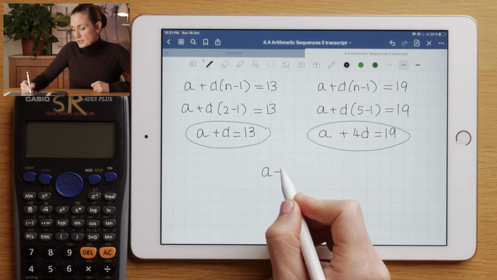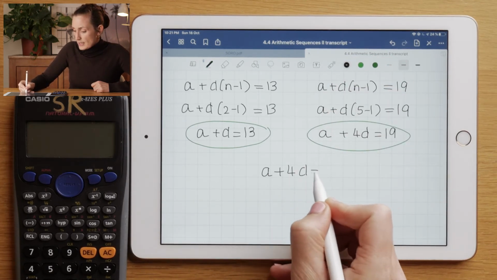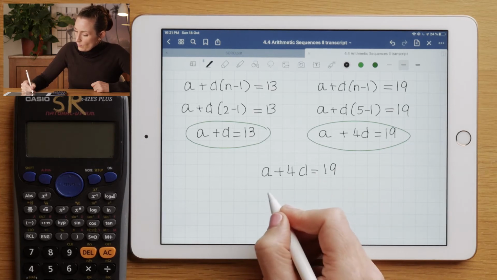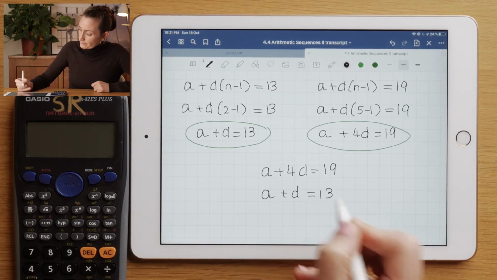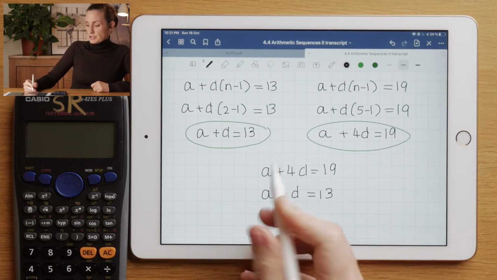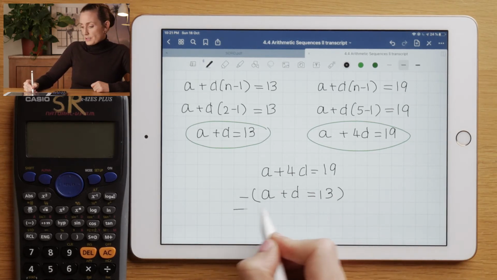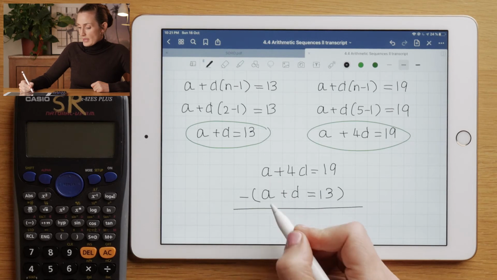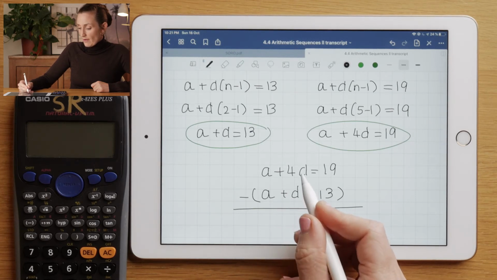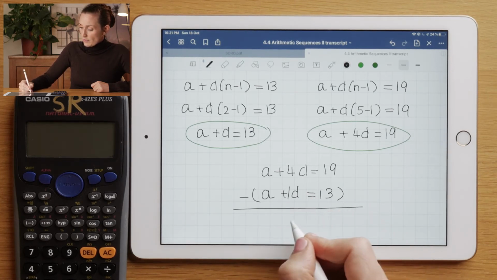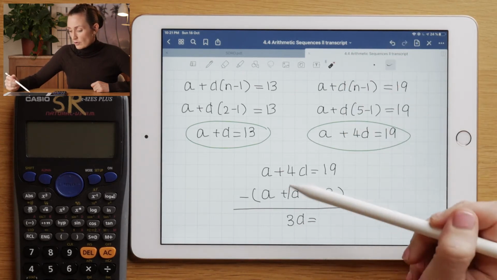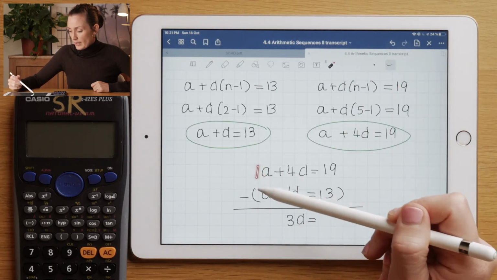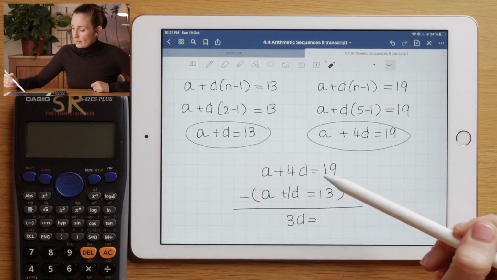In this situation, it's probably easiest to do the elimination method, which means you're going to take the bottom equation and subtract it from the top equation. So A take away A will give you nothing, and 4D take away 1D would give you 3D. We can subtract straight away because we've got a 1A here and a 1A there.